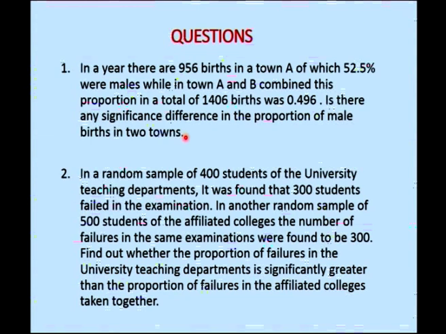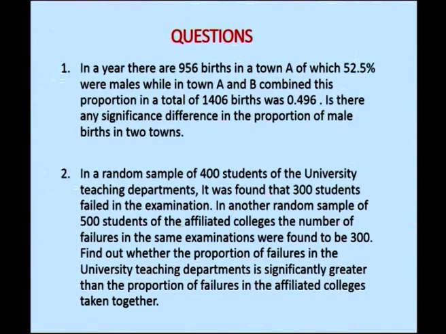Next question is, in a random sample of 400 students of the university teaching departments, it was found that 300 students failed in the examination. Now, this is a particular problem where the sample size is given and the number of successes is given, that is capital X1 and N1 is given. You have to accordingly find out the calculated value and draw the inference using one of the problems worked out in this session.